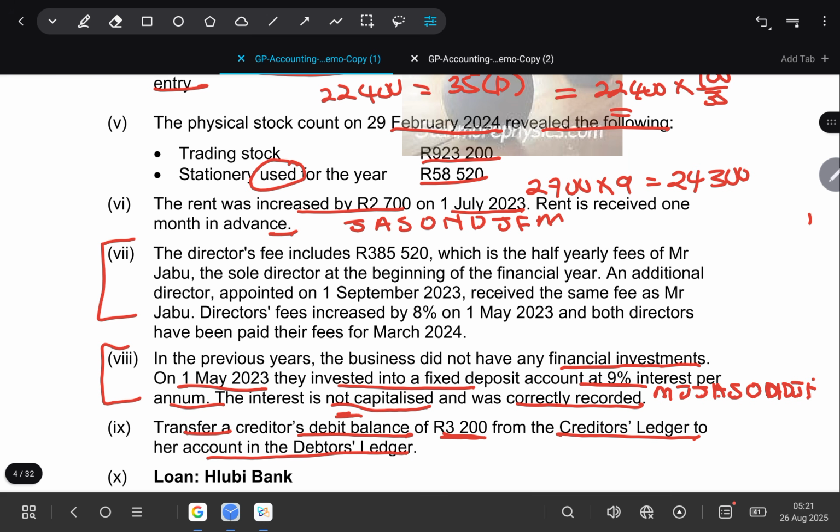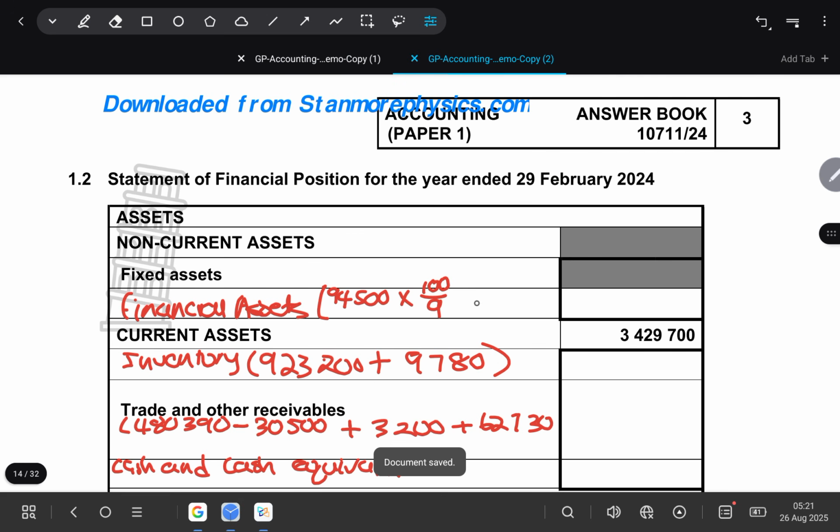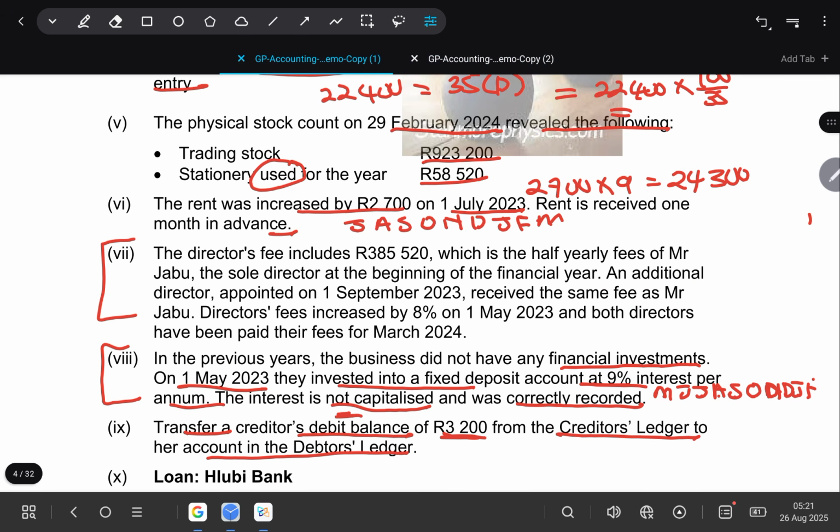So we're going to multiply this by 12 over 10 so that it can give us the invested amount. So 94,500 multiplied by 100 divided by 9, and then multiplied by 12 divided by 10, which is 1,260,000. This is also a high order question, guys.